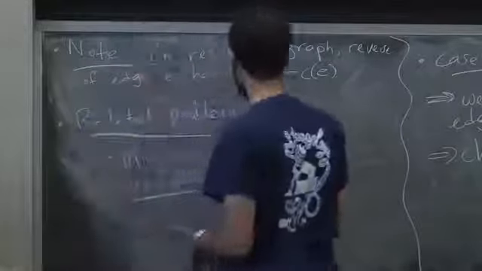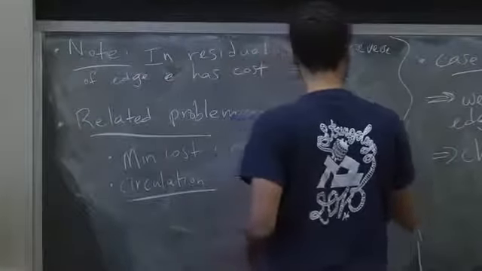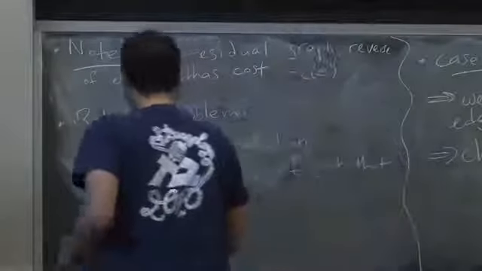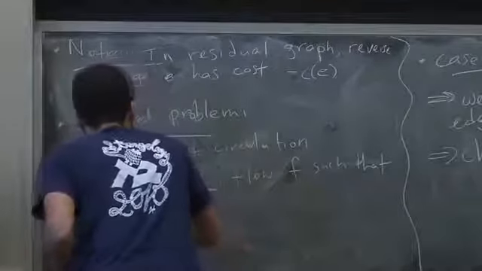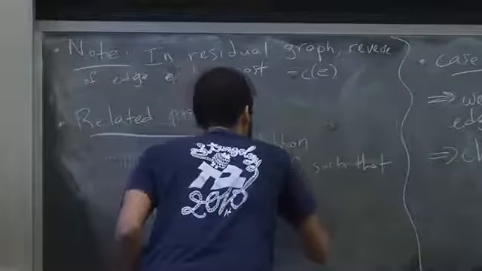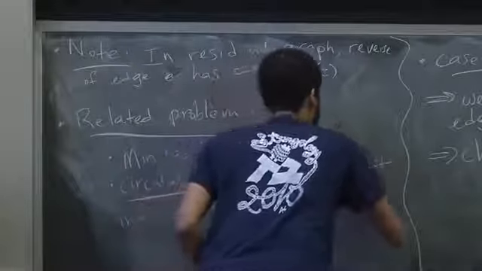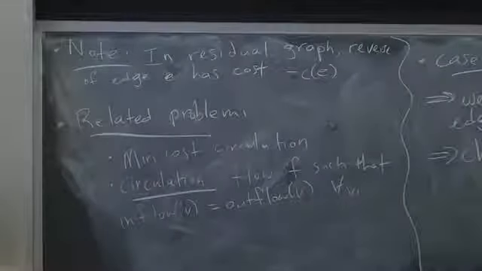A circulation is a flow F such that inflow of V equals outflow of V for all V. So there's no source and sink. You're just pushing flow around in cycles. That's a circulation.